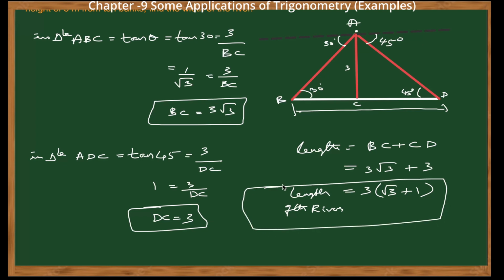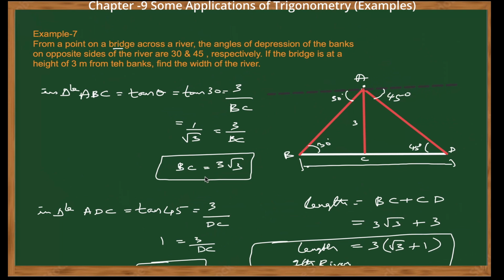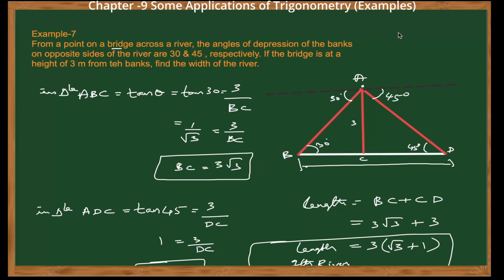So hope this is clear, students. One thing to remember is whenever an angle of depression is given, just use this theorem, the angle of intersection or alternate interior angles. So let me just put it here. You have two lines here, and there is an intersection.